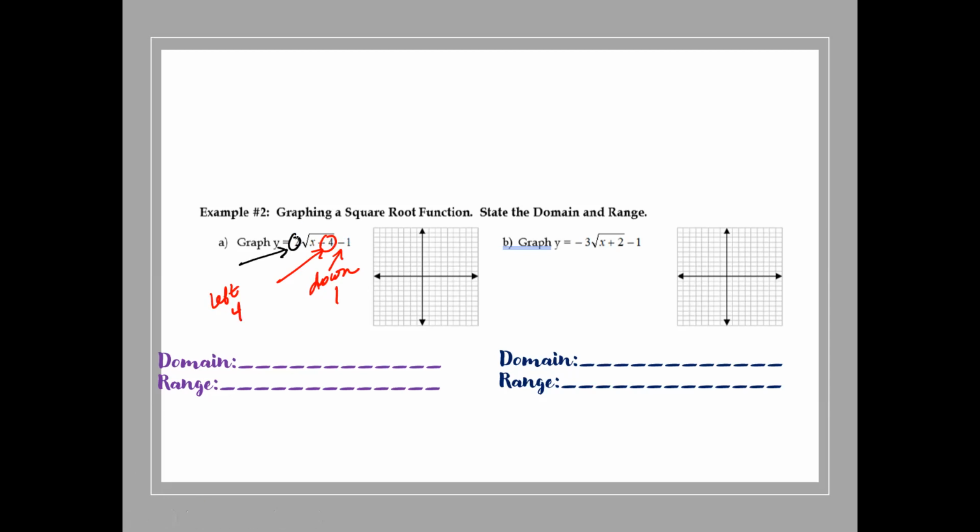That 2 just means it's gonna be a skinnier graph. So let's do that. We're gonna go down 1, left 1, 2, 3, 4, and it's gonna go in this direction like that. Your vertex is where you started, and that's -4, -1.